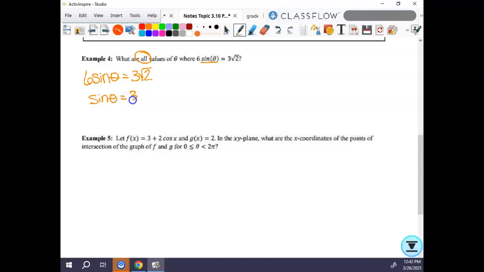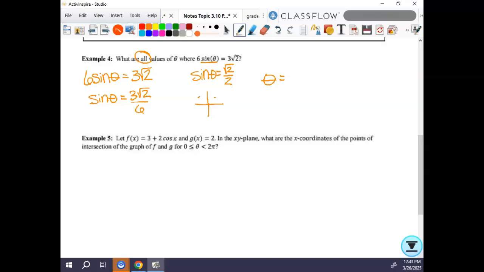Okay. So sine theta is equal to 3 square root of 2 over 6. Can I simplify that? Yes. So sine of theta is equal to square root of 2 over 2. And then we're right back to where we were on those ones up there. Sine is positive in the first and second.